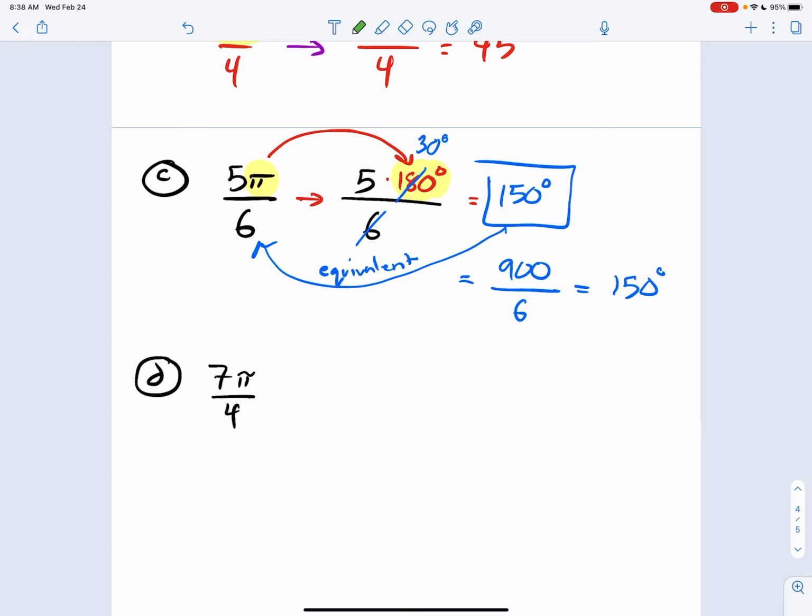Okay, so just to play it fair, even though the second method is more efficient, I'm going to go ahead and show you the t-chart here. Okay, that means pi would have to go down below, 180 degrees would have to go up top. That causes the pi's to go away. And if we multiply this one out, let me write this out so you guys can see it. 7 times 180 divided by 4.